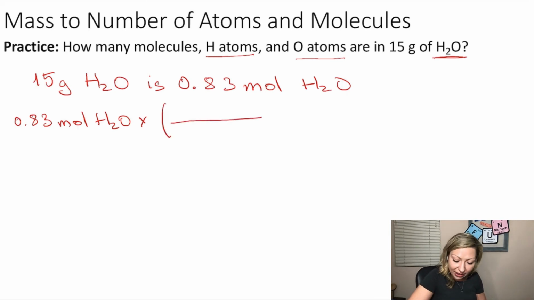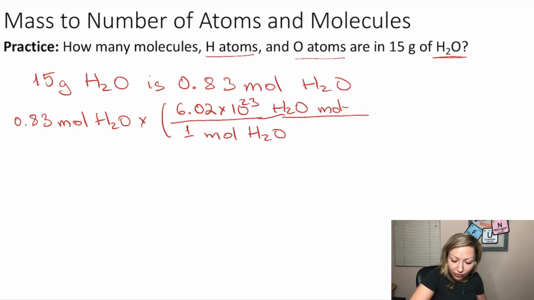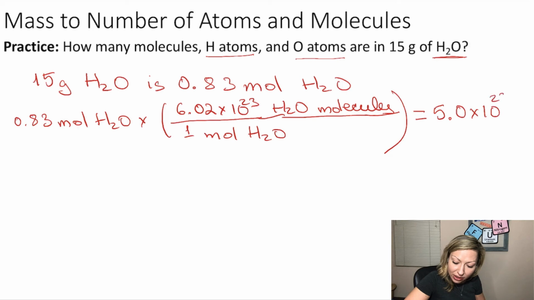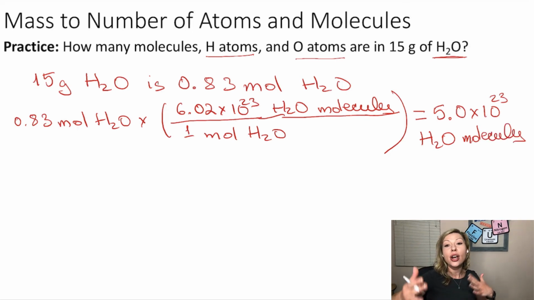I know that in 1 mole of H2O, I'm going to have 6.02 times 10 to the 23rd H2O molecules. Now if you do this calculation, you are going to arrive at 5.0 times 10 to the 23rd H2O molecules.